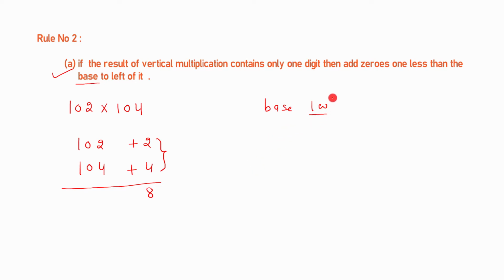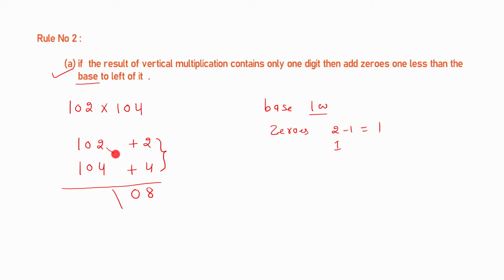And how many zeros here? Zeros 2 here, so we take only one zero. As per the rule we put 0 to the left of it.